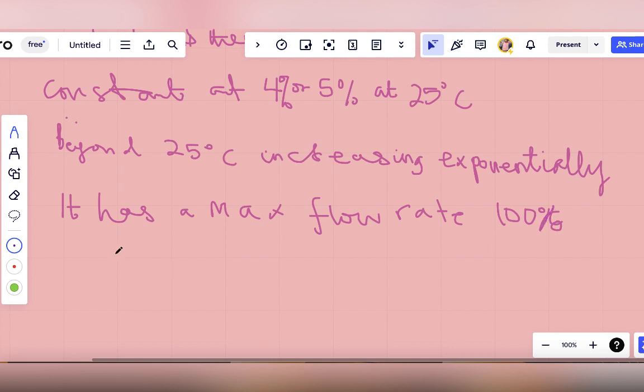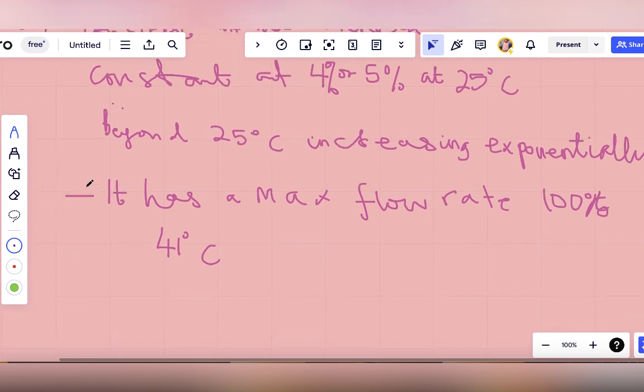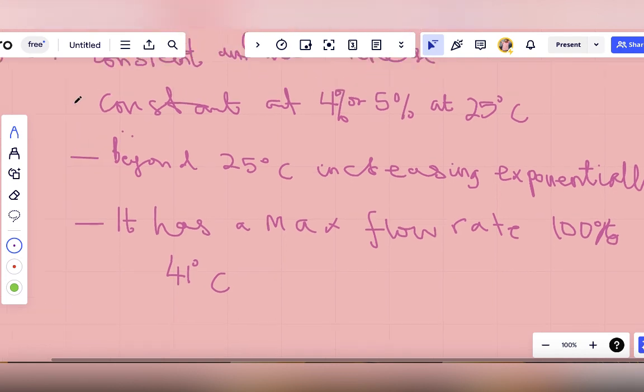And then that temperature is 41 degrees Celsius. So you can say at a temperature of 41. All these points will give you this mark.